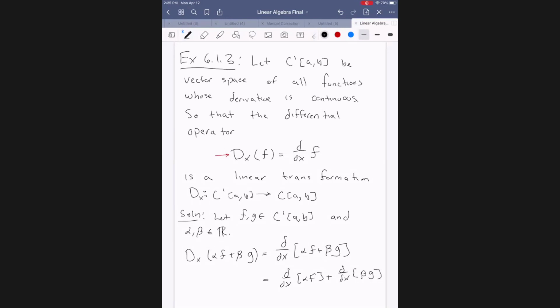Taking a derivative of something with a constant in front, I can just ignore the constant and take the derivative of what's left. So this is just going to be alpha d/dx of f plus beta d/dx of g.